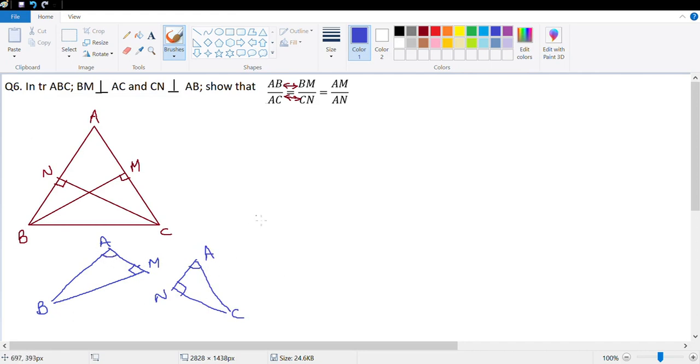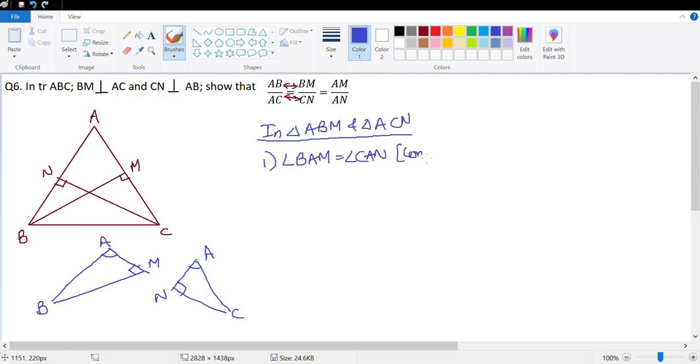So let's just write this down. In triangle ABM and triangle ACN, what we have is point number 1, angle BAM is equal to angle CAN. This is common angle. And the second one is angle AMB is equal to angle ANC is equal to 90 degrees. This is given.